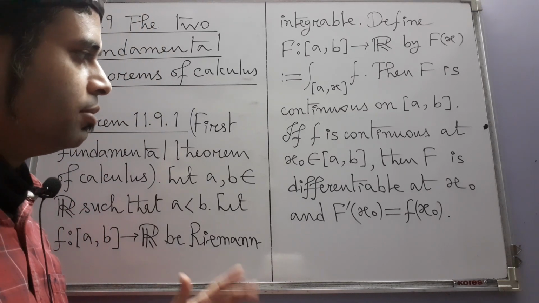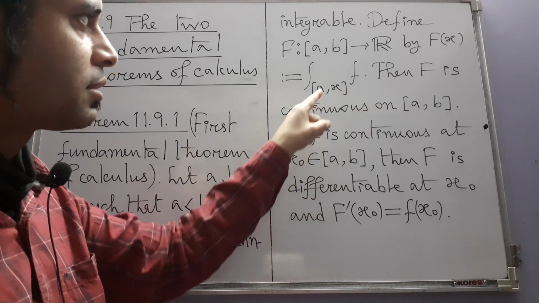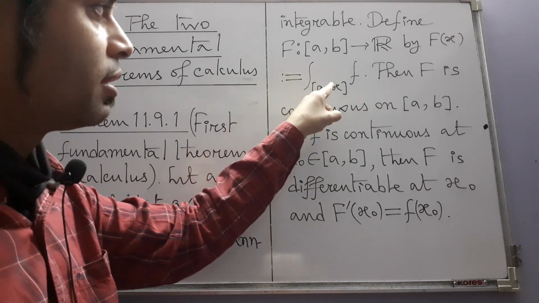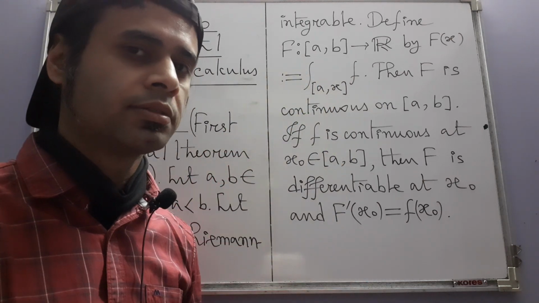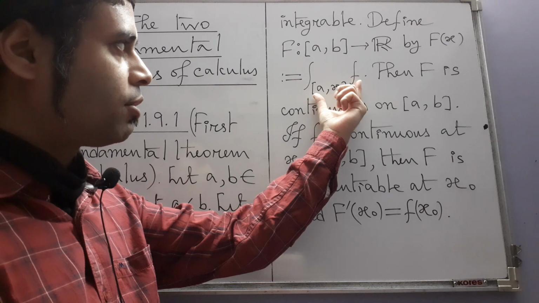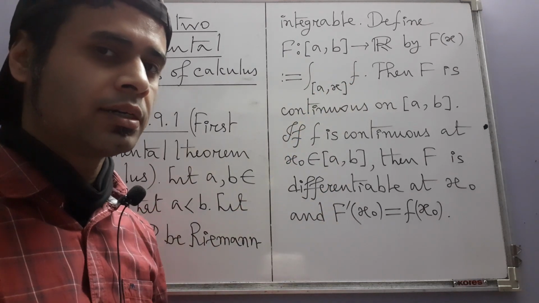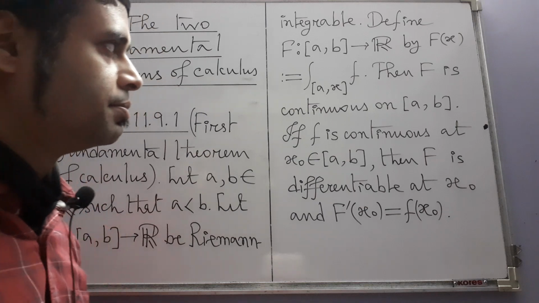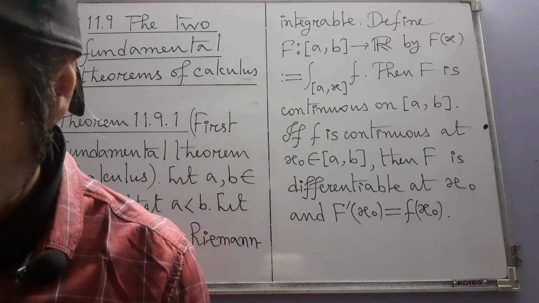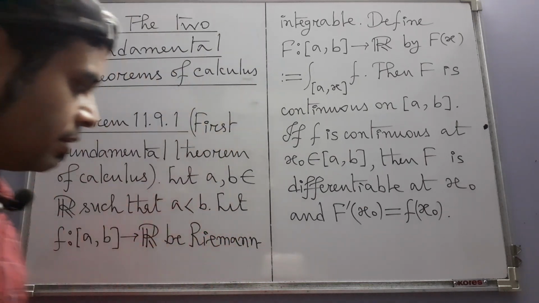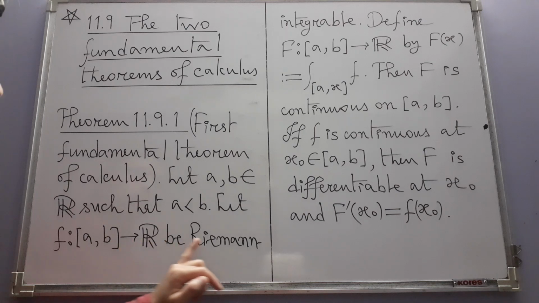So now we are going to prove this. And before we do anything in the proof, we have to first of all make sure that this capital F makes sense. Simply considering this integral, is it okay? That is what we first have to see. We are given that small f is Riemann integrable.